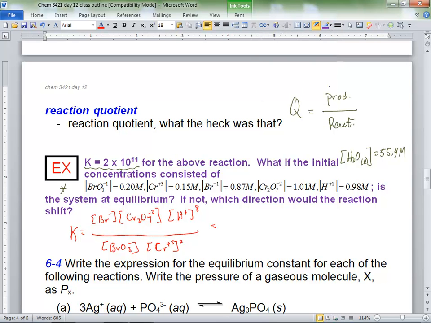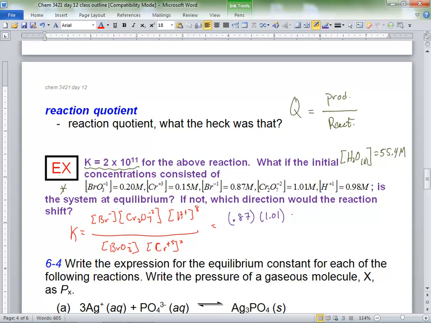Bromide is... Well, there's no way you can get 10 to the 11th out of this, right? But we can at least predict which direction it's going to shift.